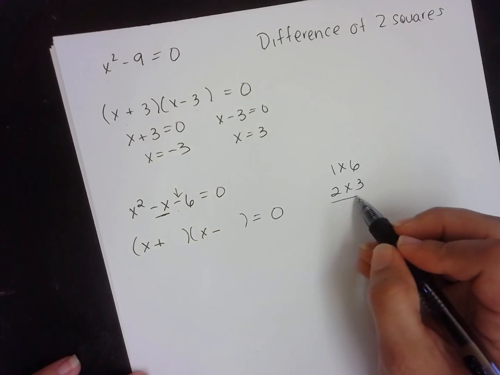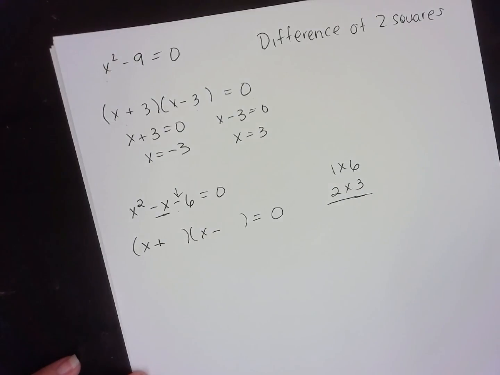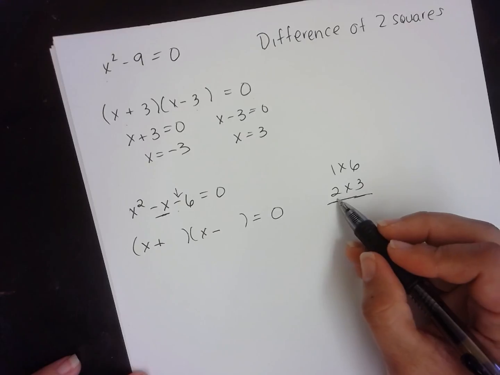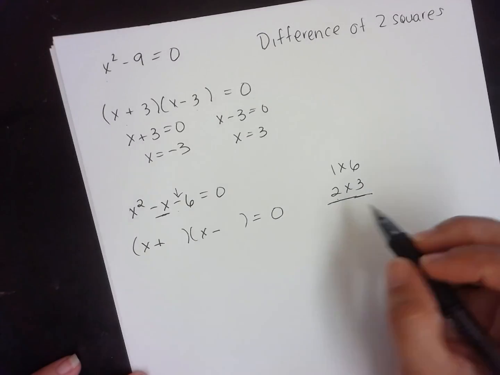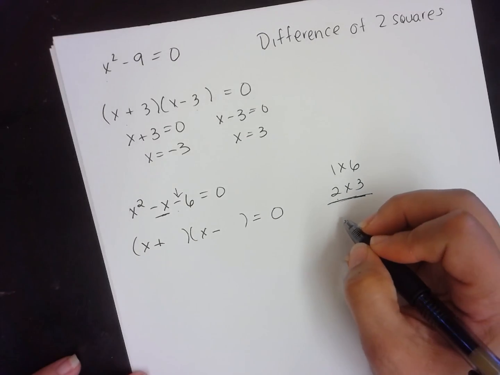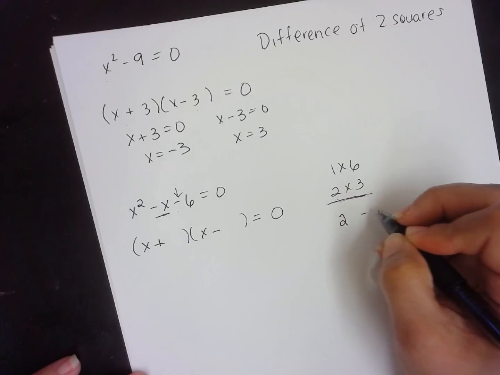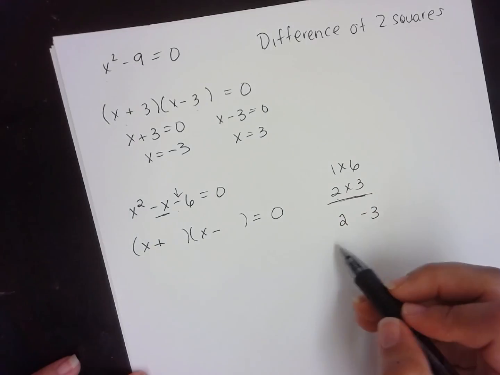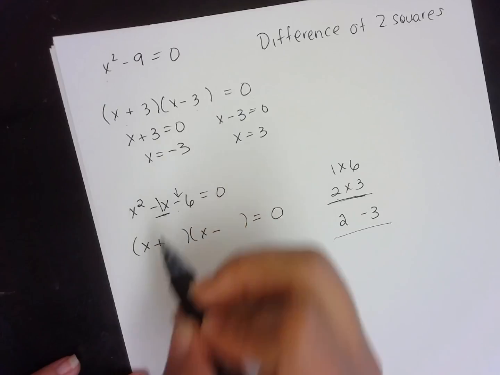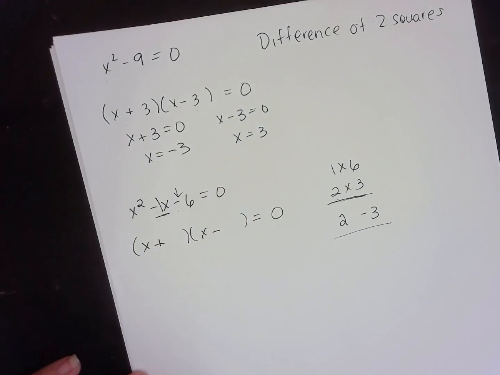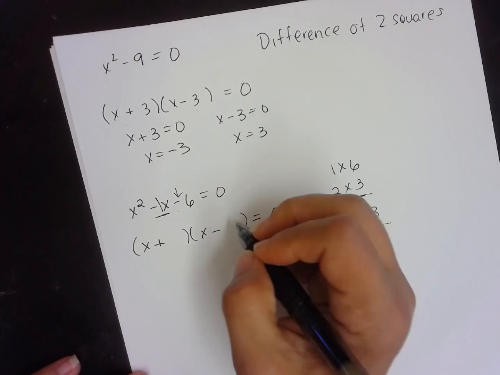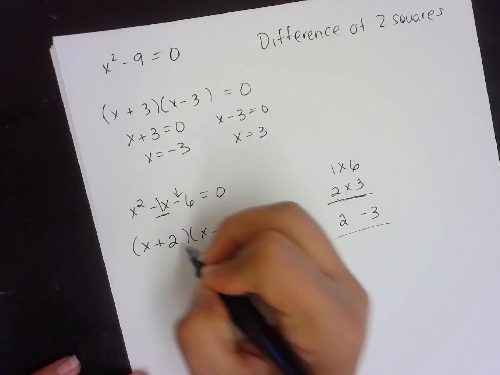So that means I'm going to use the 2 times 3, because 1 minus 6 is negative 5, and 6 minus 1 is positive 5, right? So 3 minus 2 is positive 1, and 2 minus 3 is negative 1. So that's the one that we want. So that means we're going to have a positive 2 and a negative 3, because when I add those two things together, they're going to give me this implied negative 1 here. So that means my 3 goes in front of the minus sign, my 2 goes in front of the plus sign.